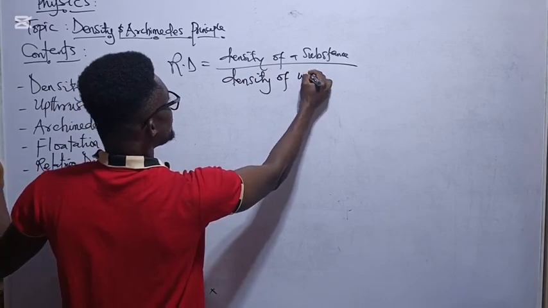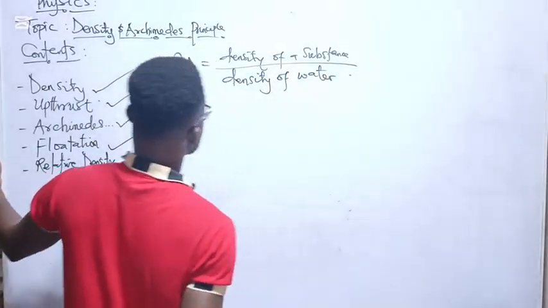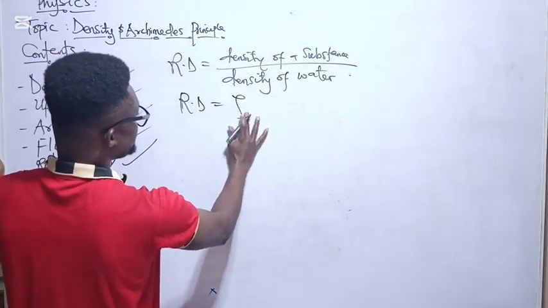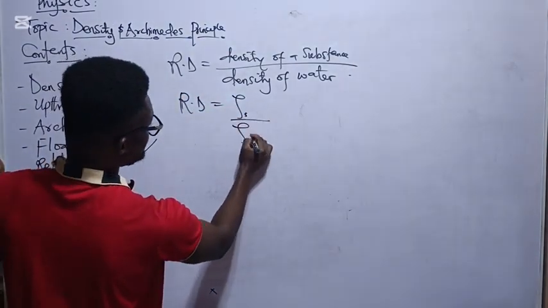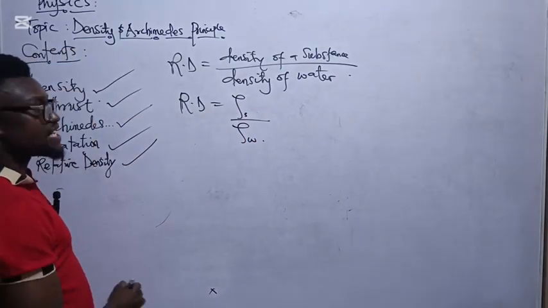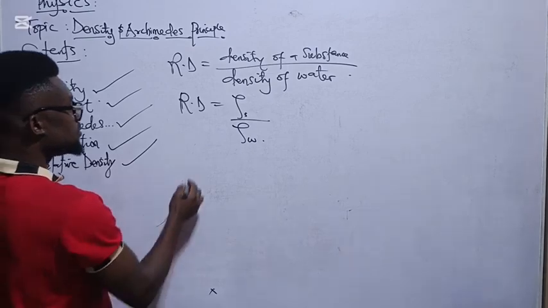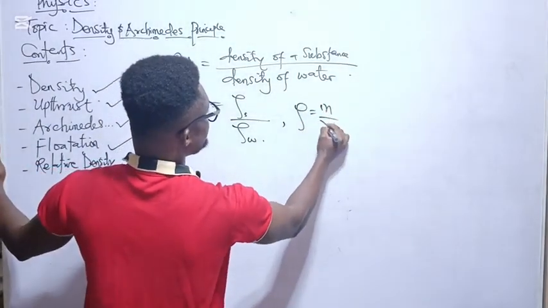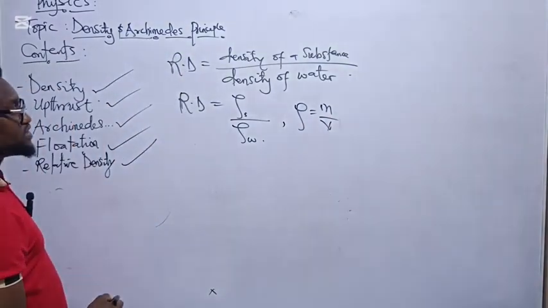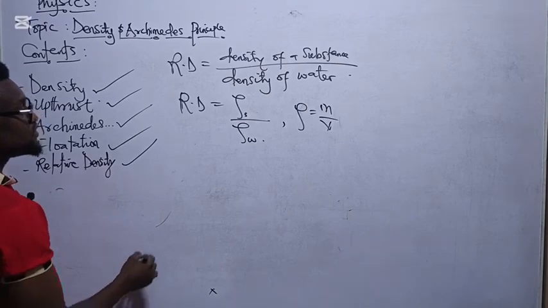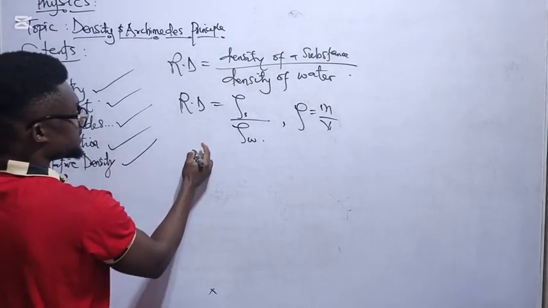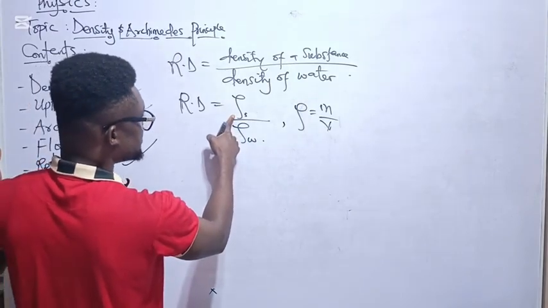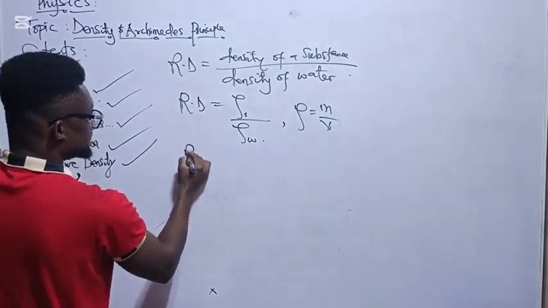The density of water. So, if I take this as the density of a substance, then this one becomes the density of water. And you know, the density from the formula is mass per volume. So, in that very case, when we compare the densities of different bodies, where we have mass per volume, we have relative density.